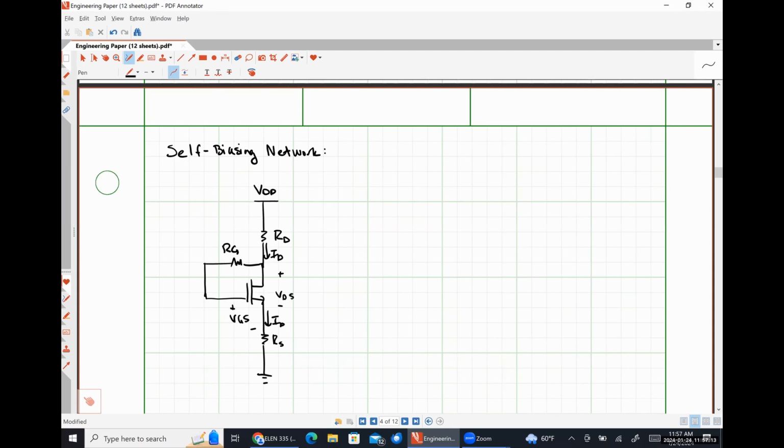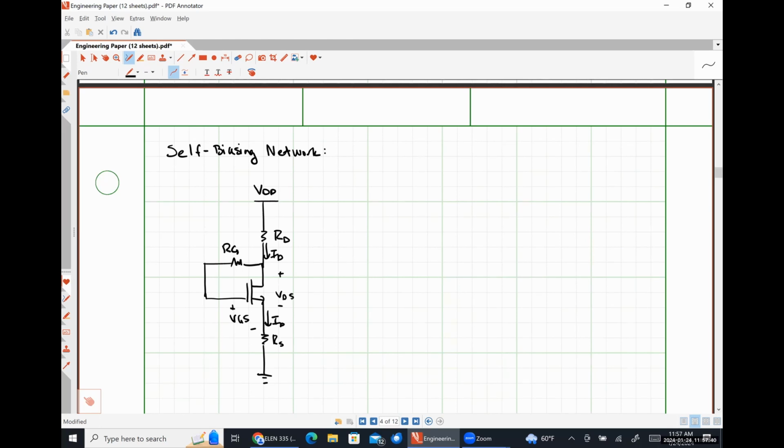So if VGS and VDS are the same thing, this device must always be in saturation because VDS will always be greater than VGS minus VTH, because VGS is always greater than VGS minus some number, right? So if it's working at all, it's in saturation. There is no triode that we have to worry about.